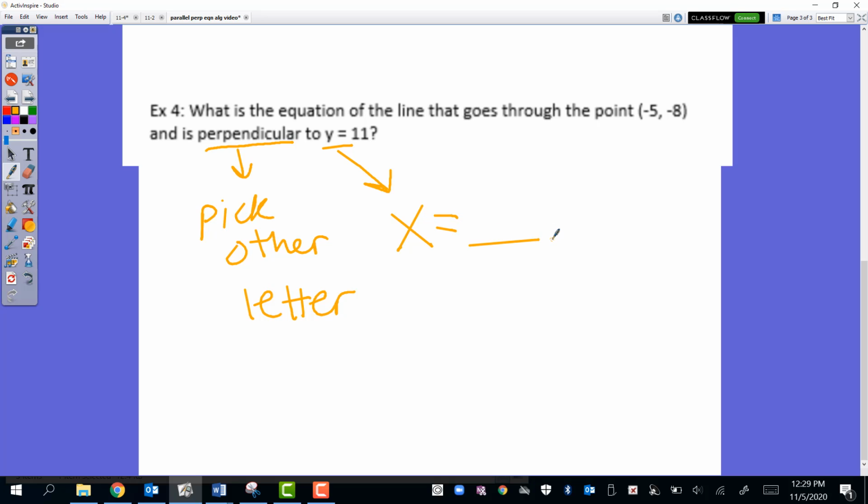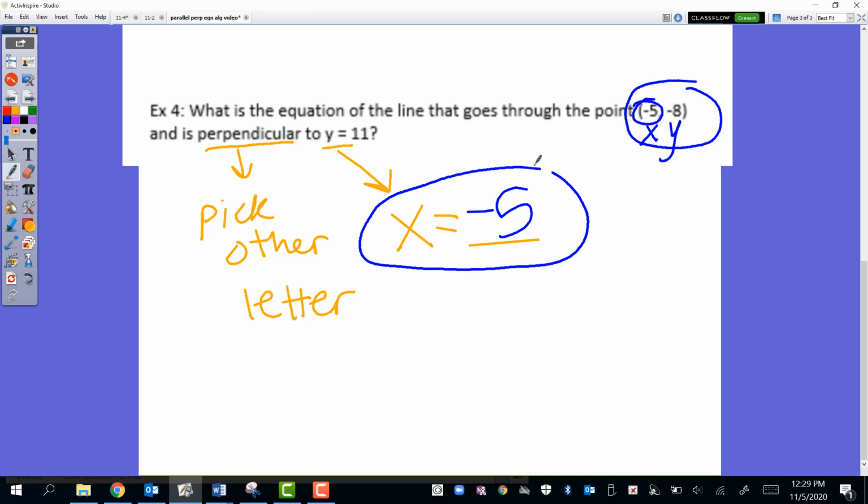Pick the other letter. Okay, well, x equals what number? So I'm looking at my point over here. This is the x, this is the y. I want the x number, that means -5. And this is the equation. x equals -5 is perpendicular to y equals 11.